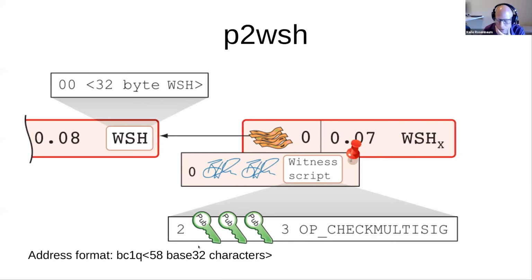These addresses look like BC1Q followed by 58 base 32 characters. These are more characters than in the pay to witness public key hash address, because the witness program is 32 bytes here, and for the previous address type, it's only 20 bytes.